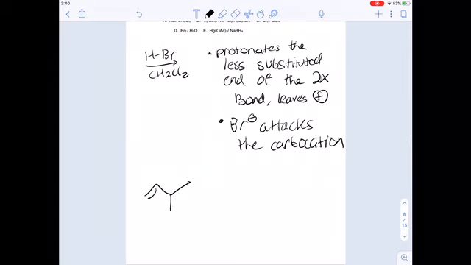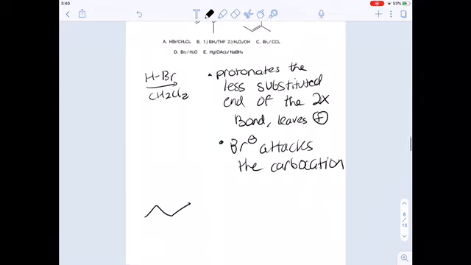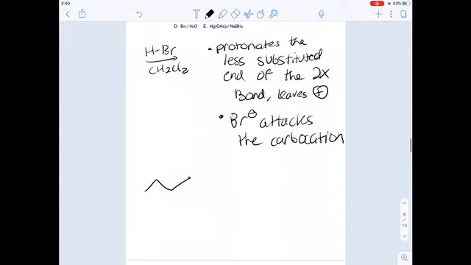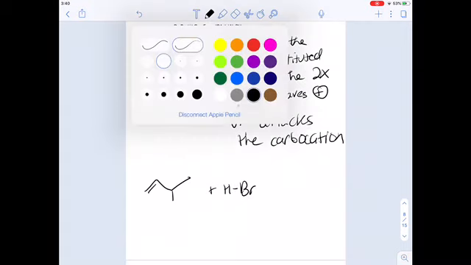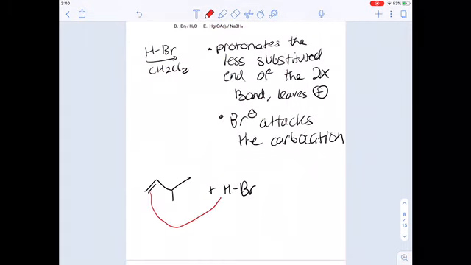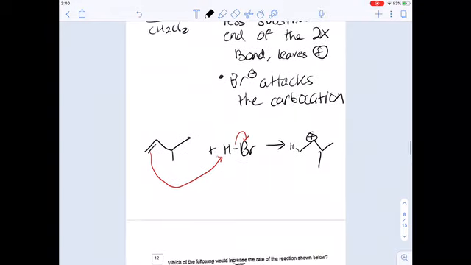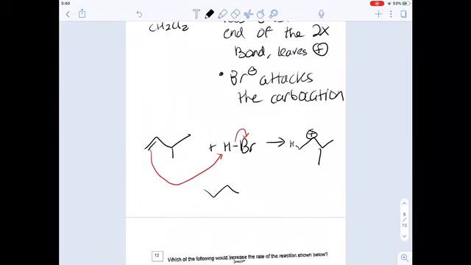So for example, we'll do it with the first one. We'll draw it the same way. So plus HBr. The electrons are going to pick up the H. The H is now added here, leaving a carbocation here. And then the Br anion, actually in this case, there's going to be a shift.